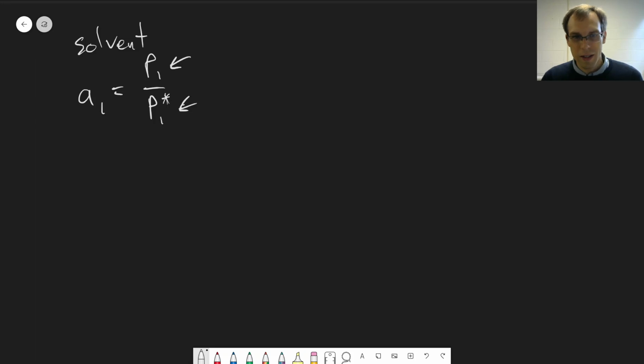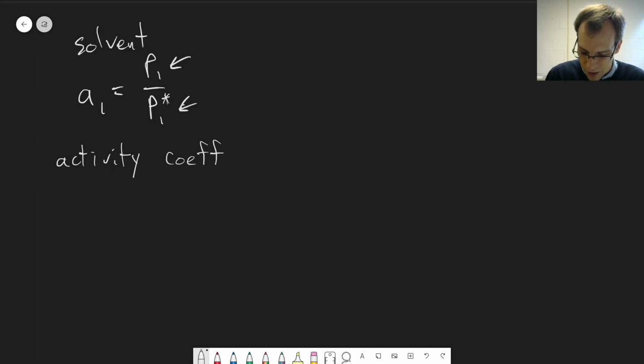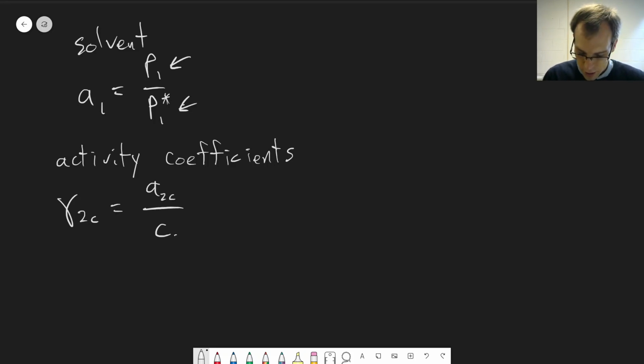For the solutes, it's a little bit more complicated. Just as a reminder, because often what we will find is activity coefficients instead of activities. I forgot to put this in the last video. The activity coefficients are just the ratios of activities to concentrations. So for example, for gamma for the molarity version 2C, we have the activity divided by the concentration of component 2, which is our solute.